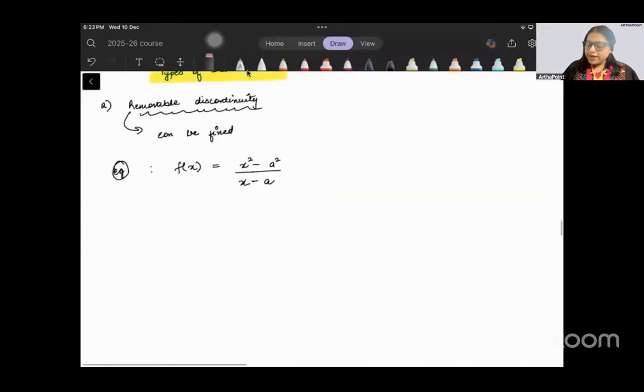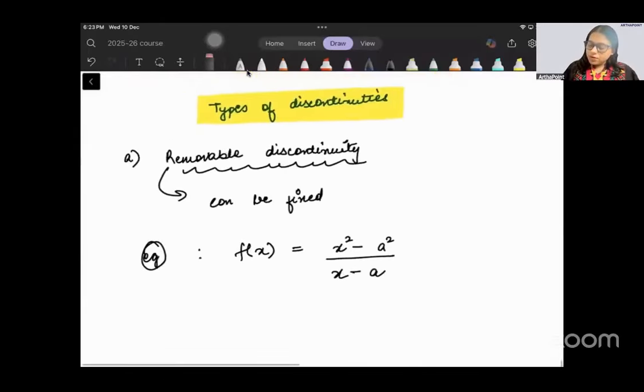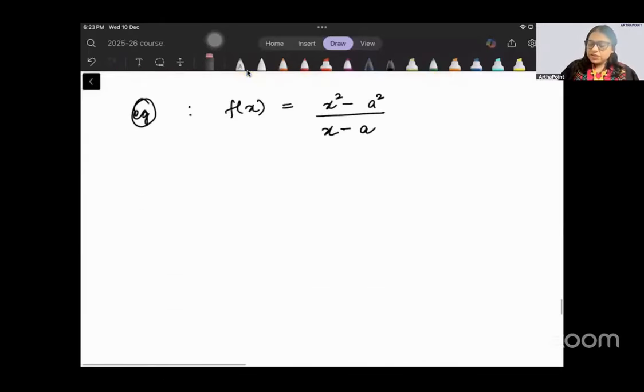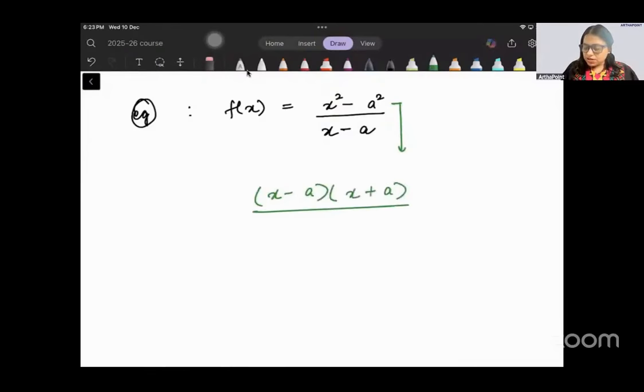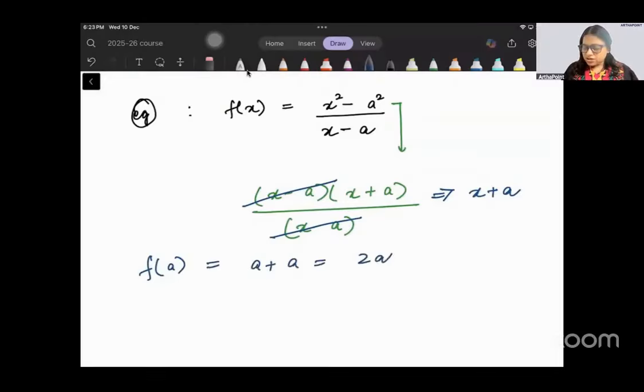But I can go ahead and I can remove it. How? So I can go ahead and I can write x square minus a square as x minus a into x plus a upon x minus a, and this will cancel out and I will get x plus a. So now when I find the value of the function at a, I just get the answer as 2a.